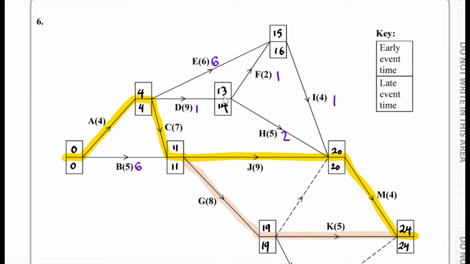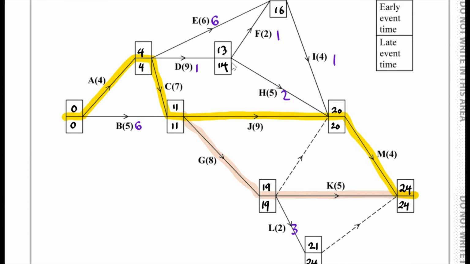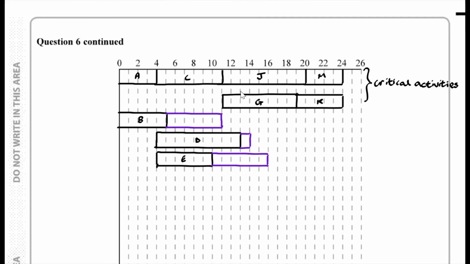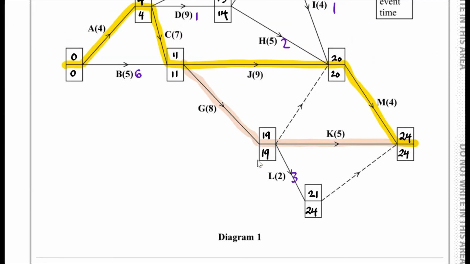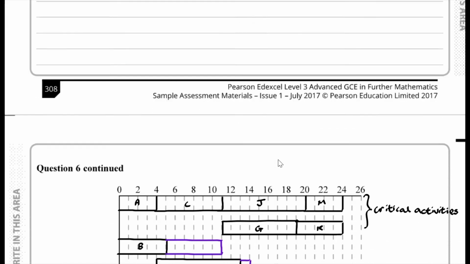So after E, we have F over here. F starts when D is finished. D finishes earliest at 13. So 13 is over here, and this is when F starts. Okay, F starts here, and that has a duration of, if I go back, that has a duration of 2.